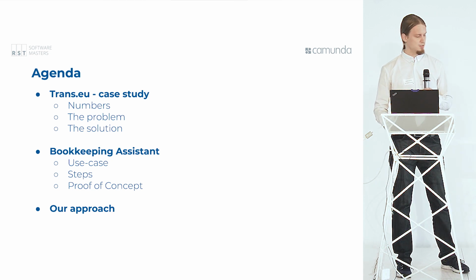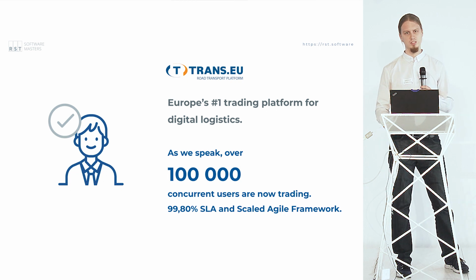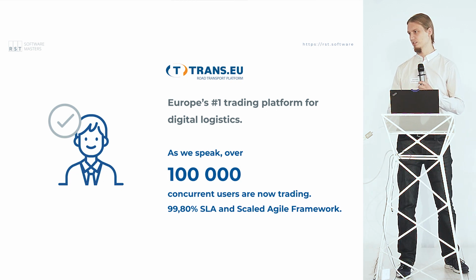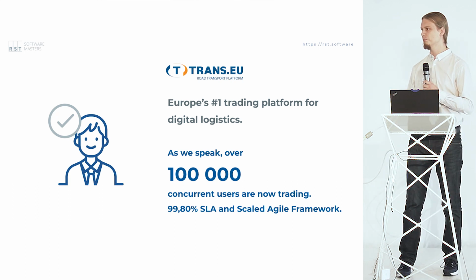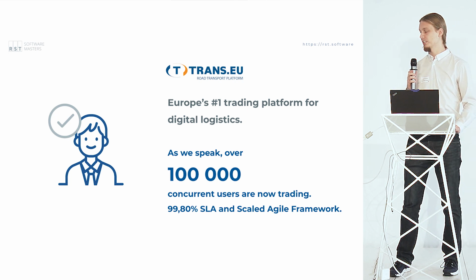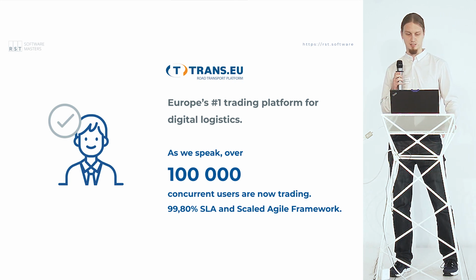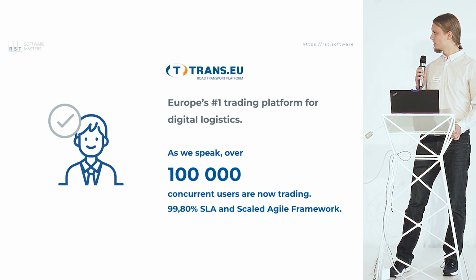So let me start with introducing you to the Trans.eu system. Trans.eu is a logistic platform. It's called the number one trading logistic platform in Europe. As we speak, there are over 100,000 users actively searching for trades, part of them being shippers, carriers, forwarders.